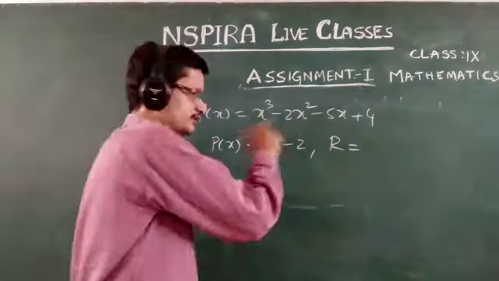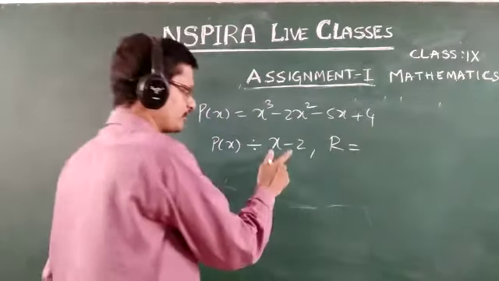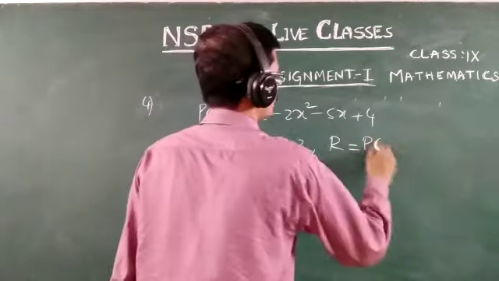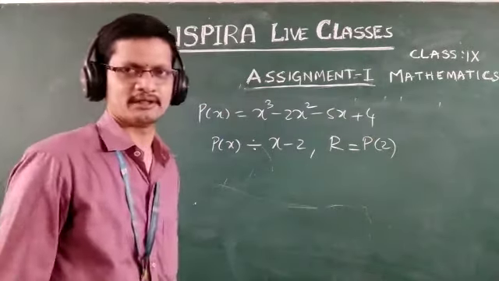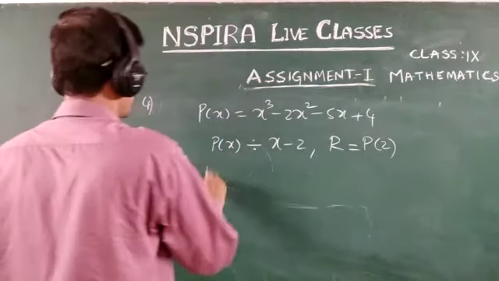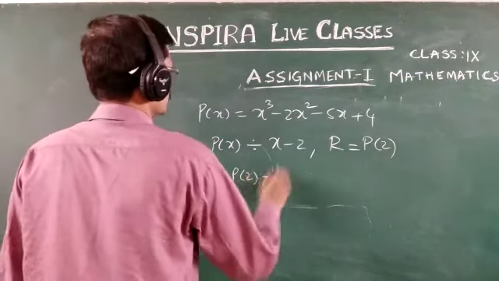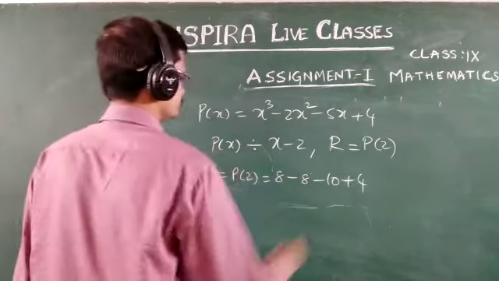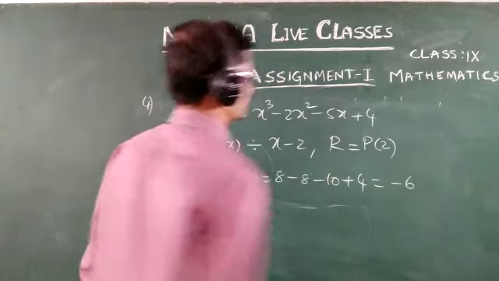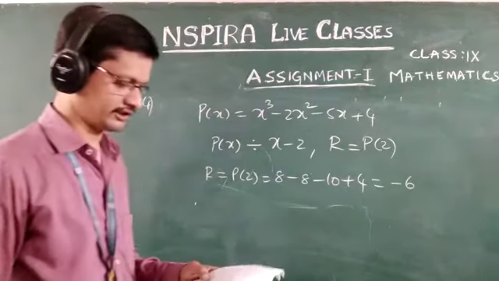The zero of the divisor. What is the zero of the divisor? 2. So p of 2 is the remainder. So find p of 2. So 8 minus 8 minus 10 plus 4. That is equal to minus 6. Minus 6 is the answer.